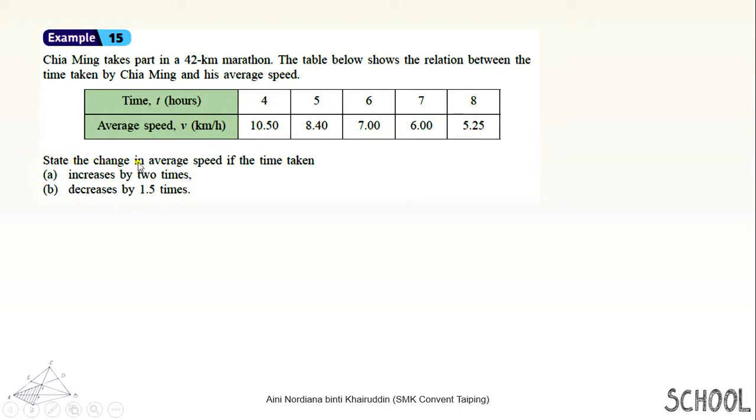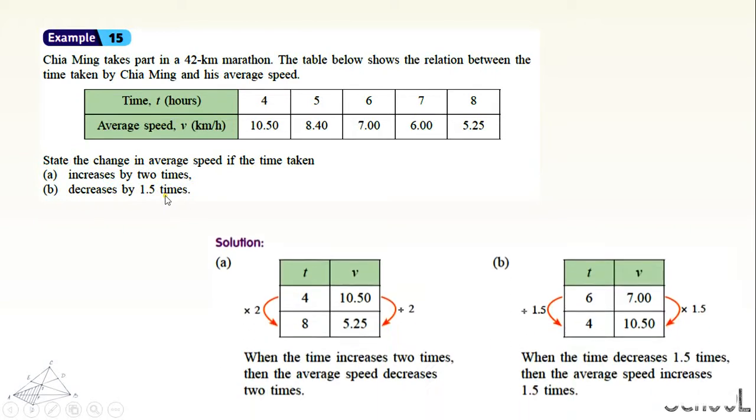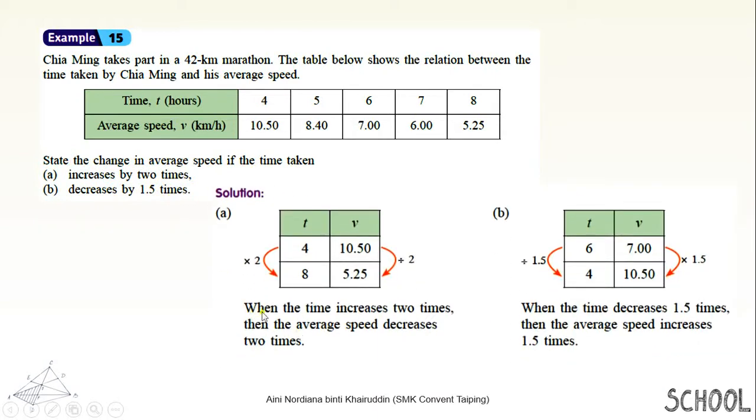State the change in average speed if the time taken increases by 2 times and decreases by 1.5 times. When the time increases 2 times, the average speed decreases 2 times. For B, when the time decreases 1.5 times, the average speed increases 1.5 times.